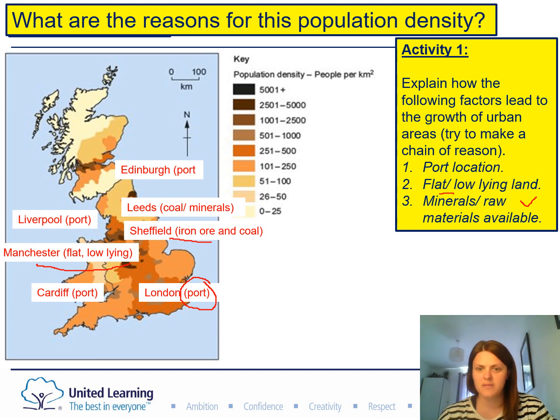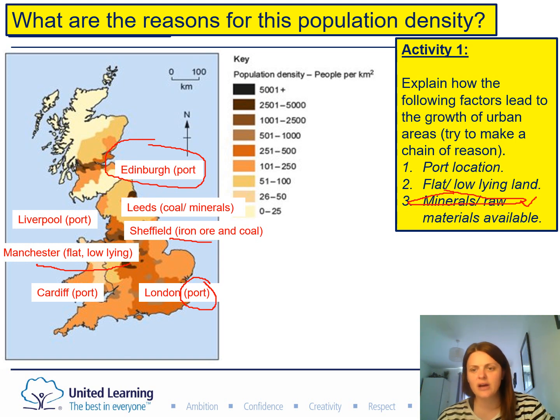So this is the minerals, the raw materials that they have there. But why would these factors attract lots of people to live there? Now I want you to explain that now using a chain of reason. So why would Edinburgh, being a port, mean that lots of people would want to live there? Give yourself 5 minutes. Pause the video now.